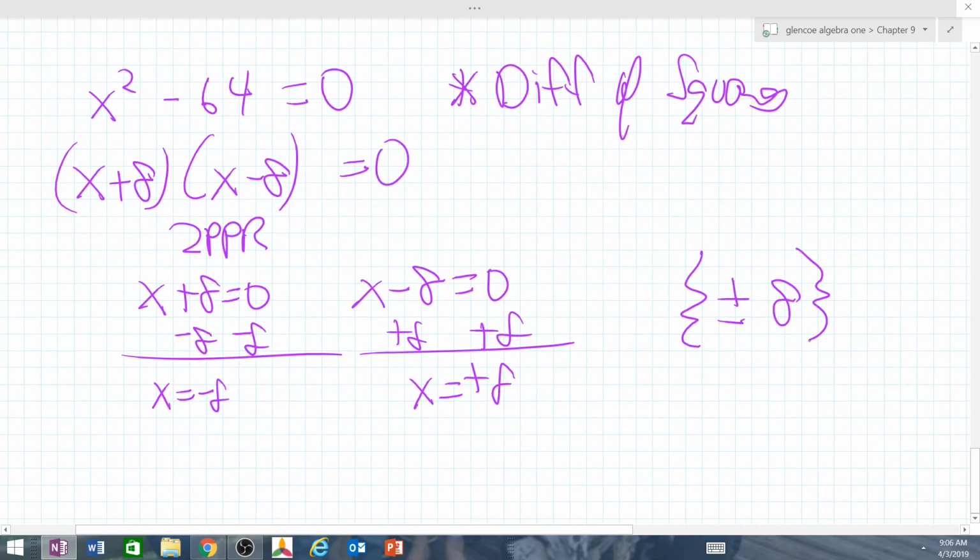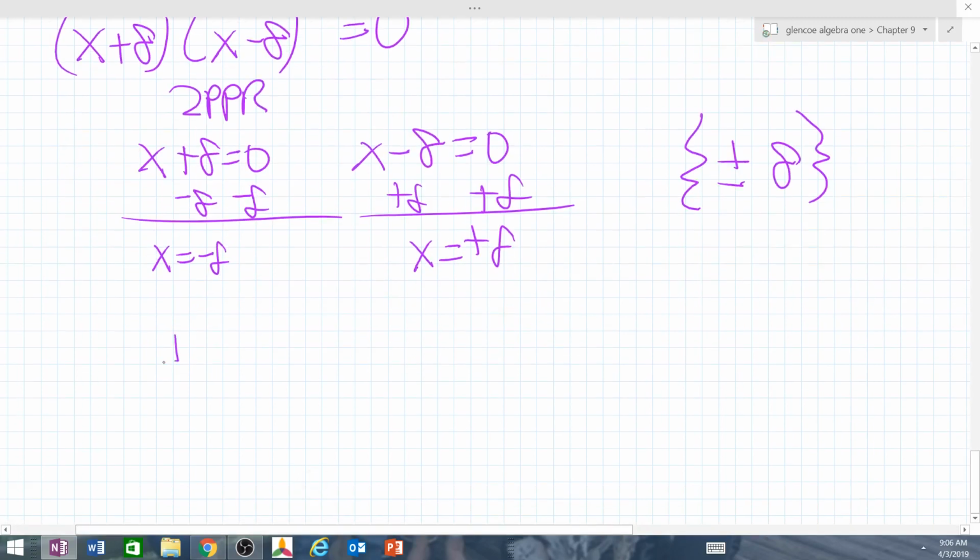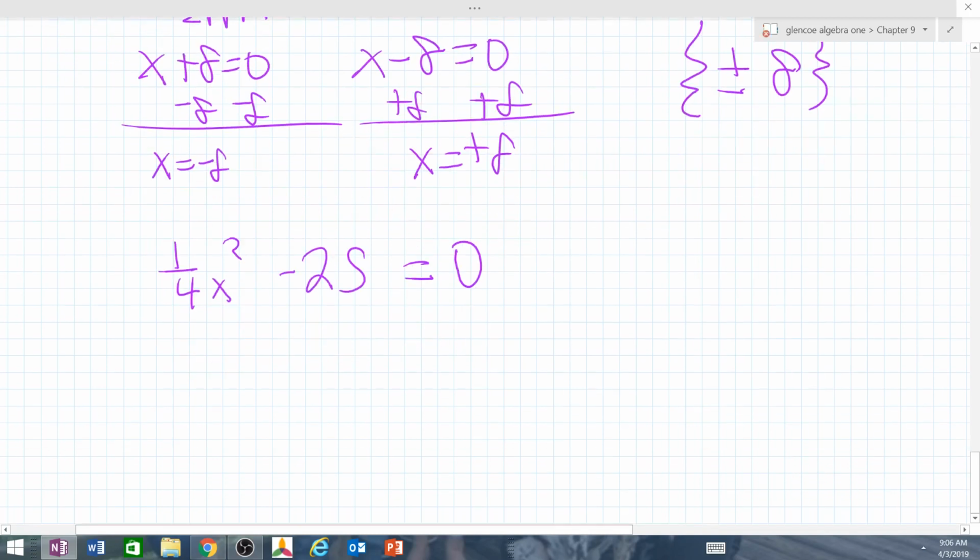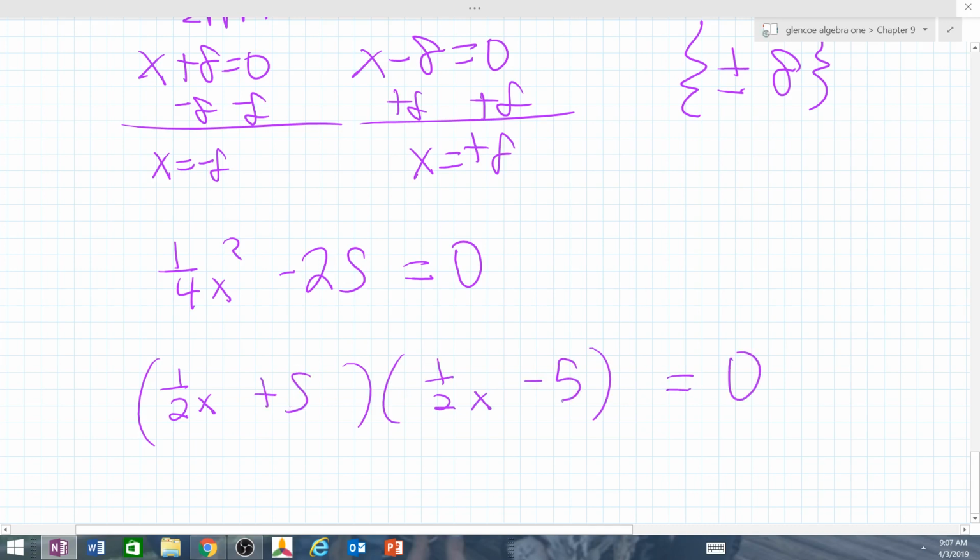And that can go in your set builders as plus and minus 8. Okay, so please remember, don't flip out if you see a fraction or something like that, because you can handle that. If I gave you 1/4 x squared minus 25 equals 0. 1/4 is a perfect square. It would factor as 1/2 x and 1/2 x. And this would be plus 5 and minus 5.